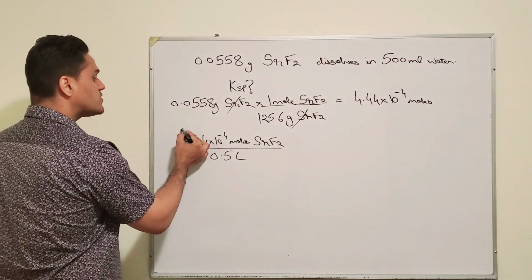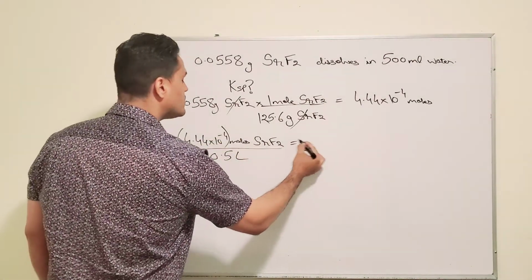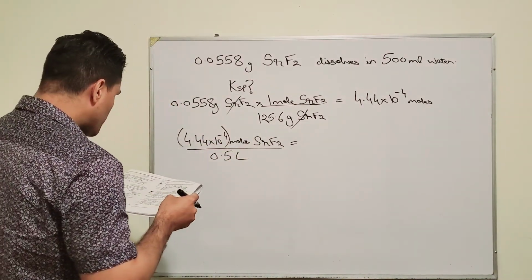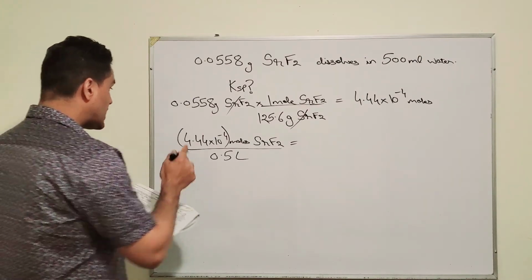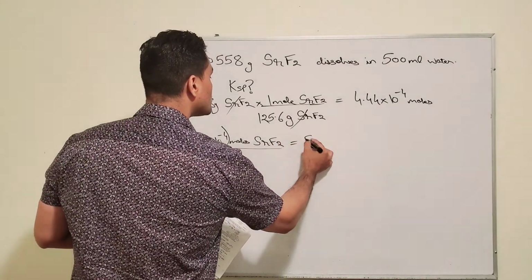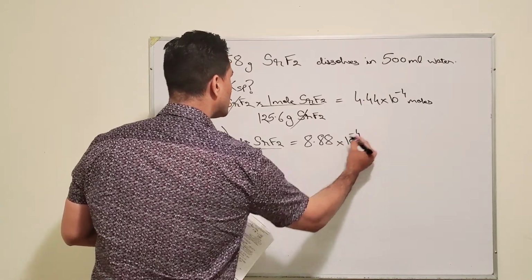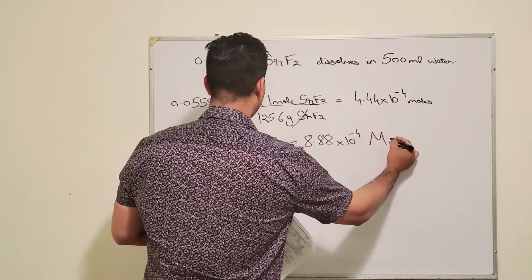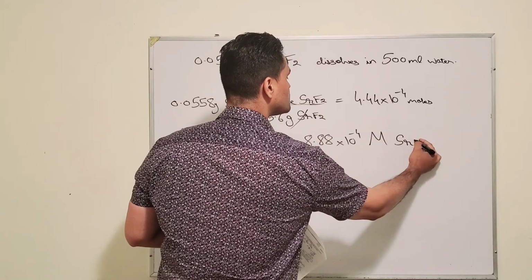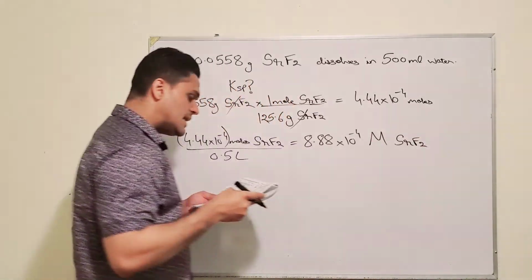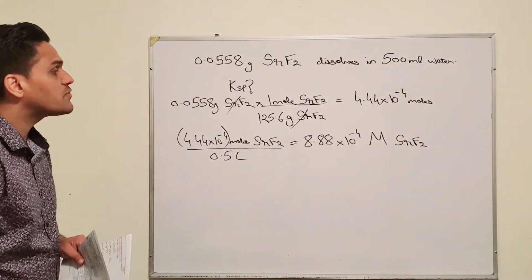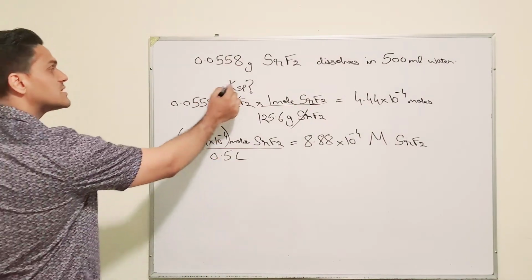Okay, we're going to take this number, divided by 0.5, and that should give you 8.88 times 10 raised to the power minus 4 molarity for SrF2. That's going to be our concentration of SrF2, and now they're asking us to find the KSP.